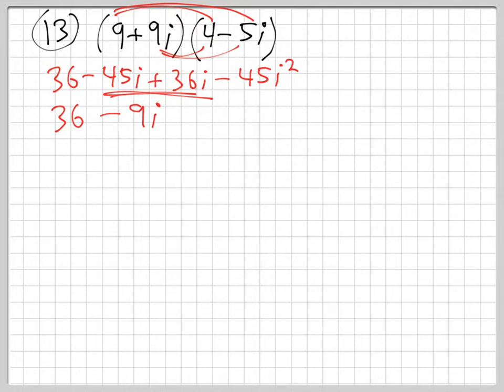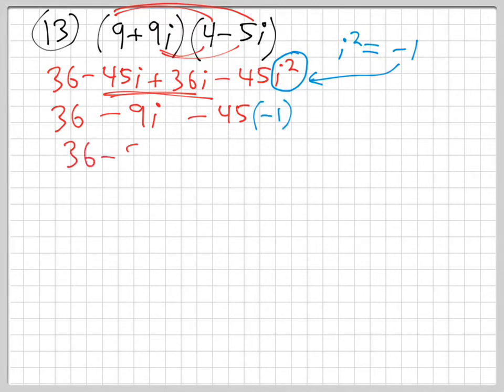And then remember what always happens with i squared? Yeah, i squared is negative 1. So we put in a negative 1 there. So that'll be minus 45 times negative 1, and that'll be 36 minus 9i plus 45.